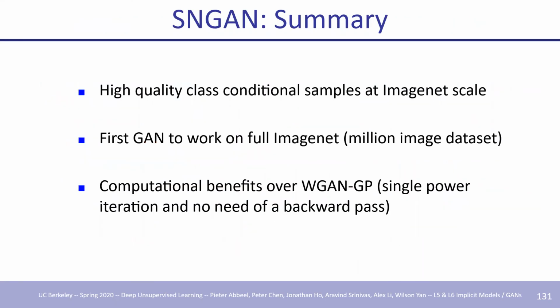Okay, and then it's able to produce high quality conditional samples. It's the first GAN to work on full ImageNet, and it is faster than WGAN-GP because it does not need that backward pass to calculate the gradients.